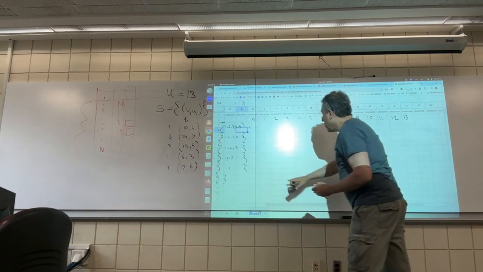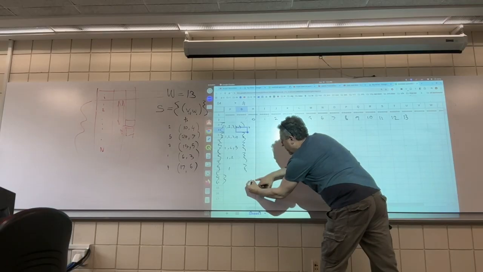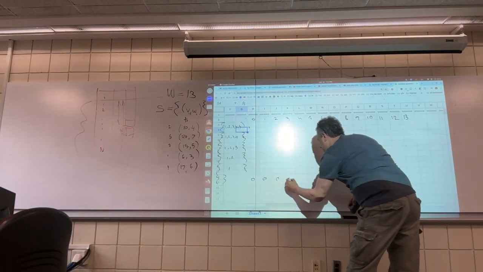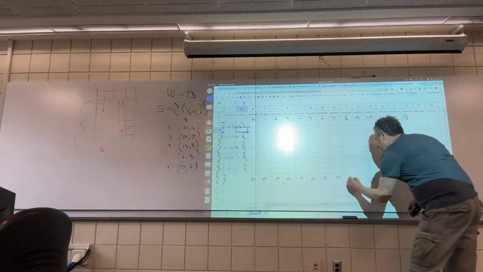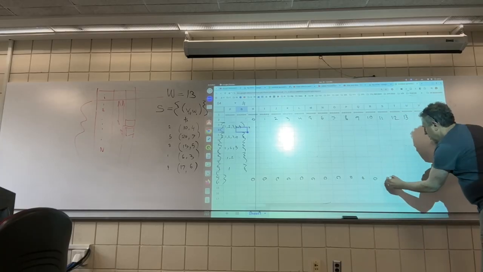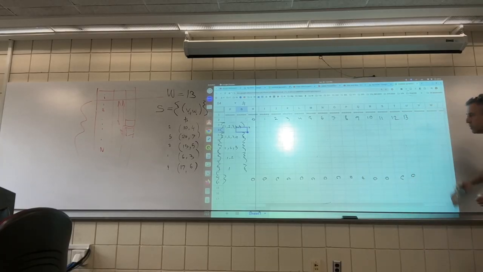So here, this box is all zeros, because what chance did I have when I break into a warehouse that's got nothing to steal? Doesn't matter what my carrying capacity is, I can't take anything. Take me to the next one.